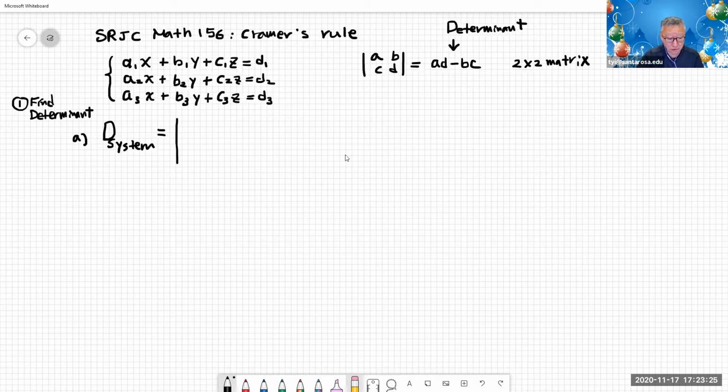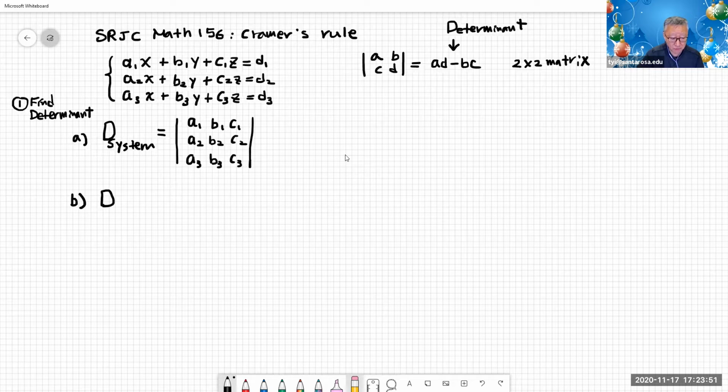That's just going to be collecting the coefficients of A, B, C. So here you've got A1, B1, C1. Then we have A2, B2, and C2, and A3, B3, and C3. And we're going to have to do the same thing for X, Y, and Z.